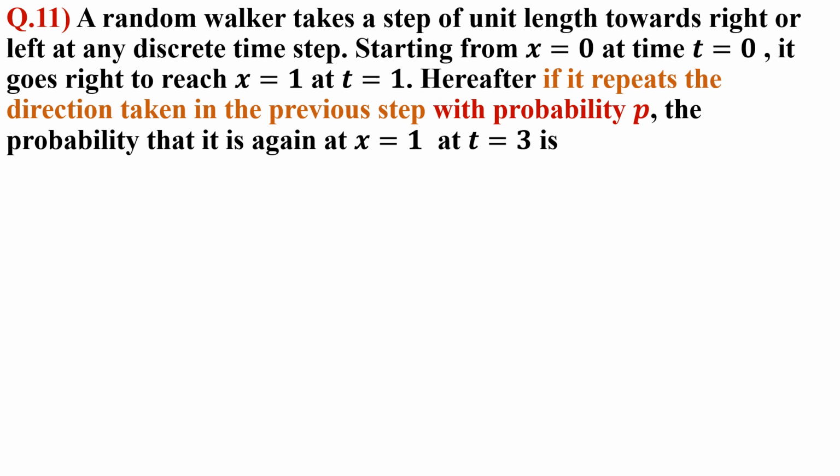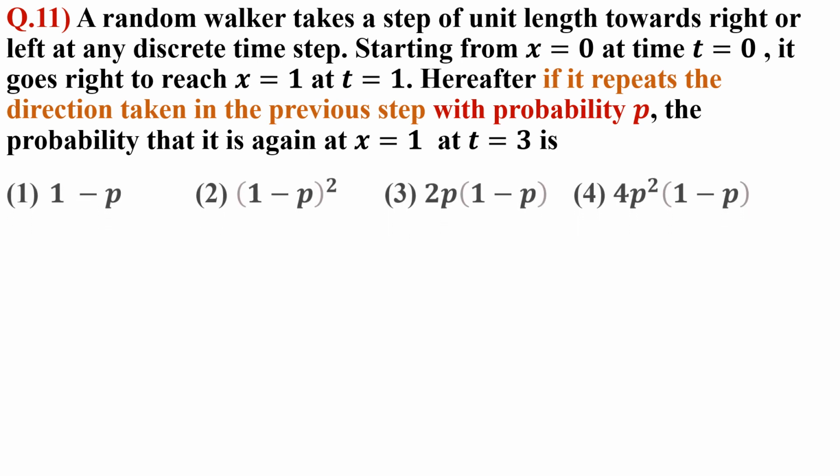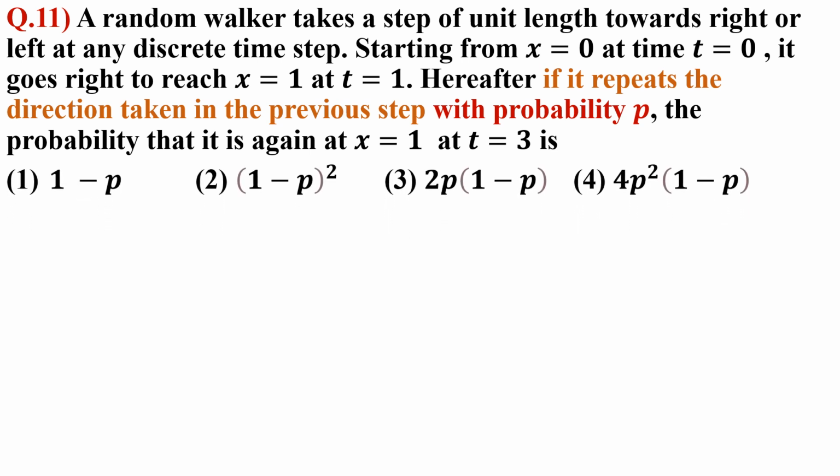Hereafter, if it repeats the direction taken in the previous step with probability p, the probability that it is again at x equals 1 at t equals 3 is: option 1, 1 minus p; option 2, (1 minus p) squared; option 3, 2p(1 minus p); option 4, 4p²(1 minus p).